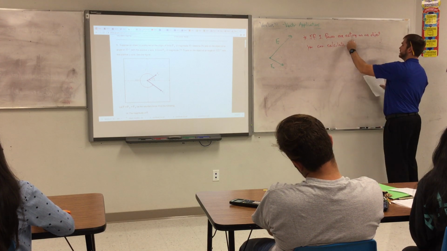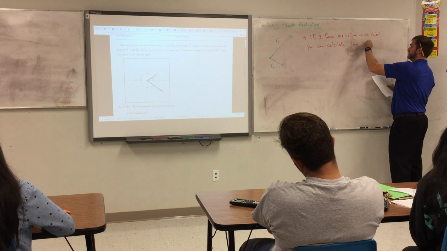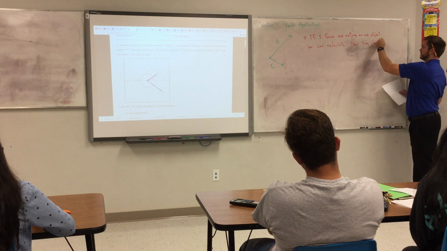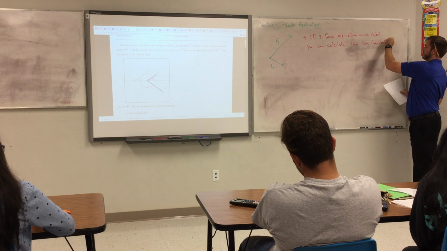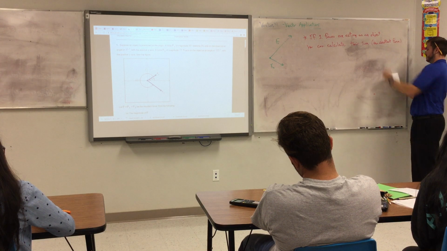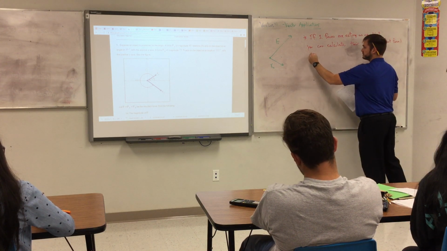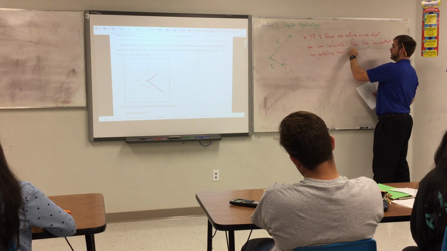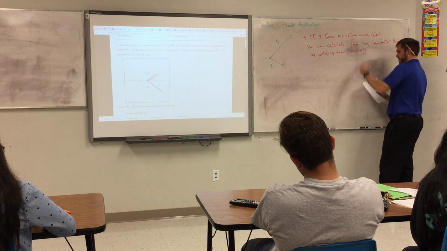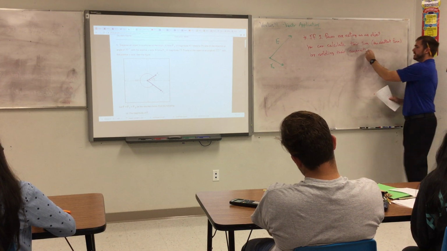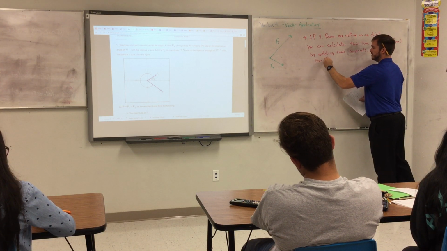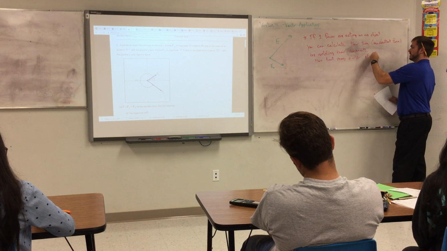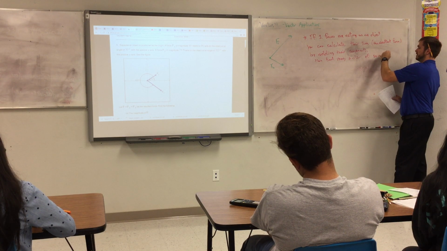You can calculate their sum, namely, it's called the resultant, by adding their components. Then find the magnitude and direction of the new vector.